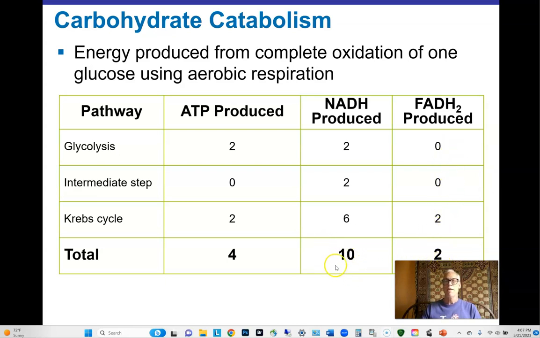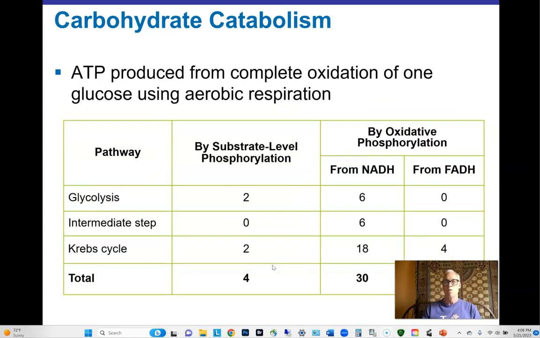Each NADH will produce an equivalent of 3 ATPs in chemiosmosis, and each FADH2 will produce an equivalent of approximately 2 ATPs. So now if we feed all those through, we wind up with 4 ATPs initially produced by substrate level phosphorylation and 34 ATPs produced from those electrons in the electron transport chain in chemiosmosis.